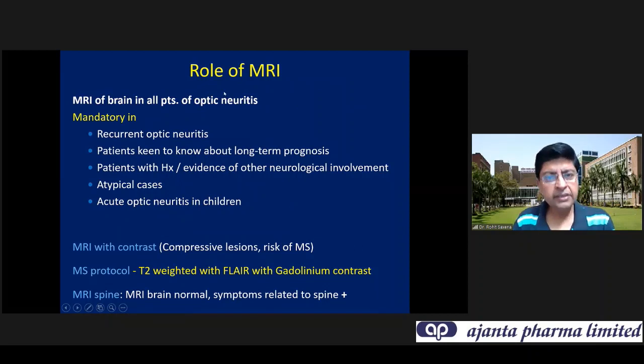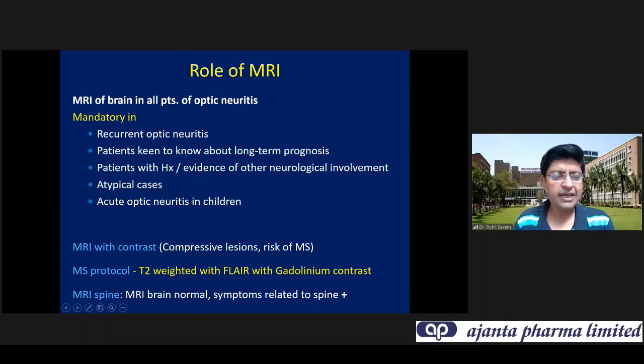So the other investigation now, which has a very, very significant role, is the role of an MRI. Ideally, we would say that MRI brain and orbits should be done in all patients of optic neuritis, irrespective of whether they are presenting as typical or atypical. Unfortunately, because of the cost issues, sometimes we are not able to do that.